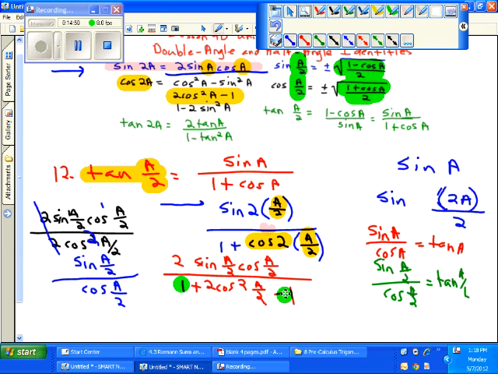Now that was our target because we know that sine a over 2, cosine a over 2 is equivalent to tangent a over 2, and tangent a over 2 is our goal. So that turns into tangent a over 2, and we've verified that it's an identity.